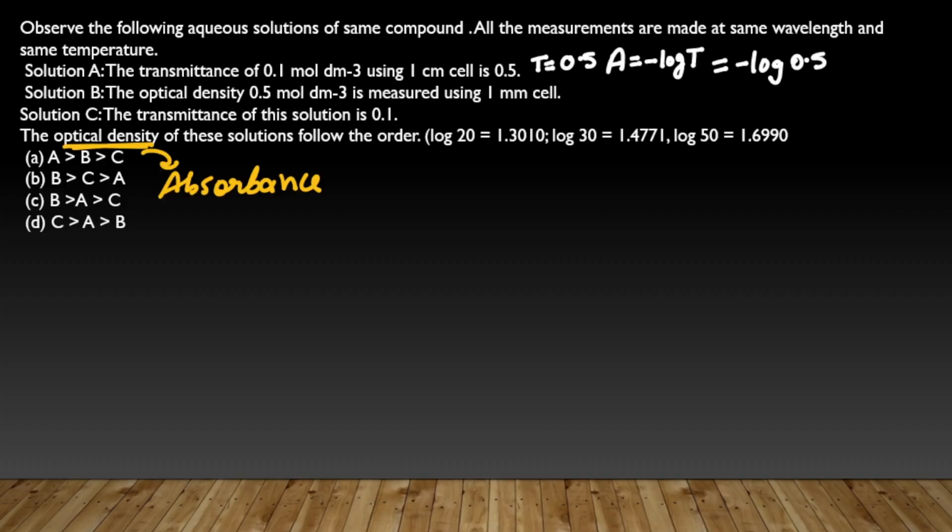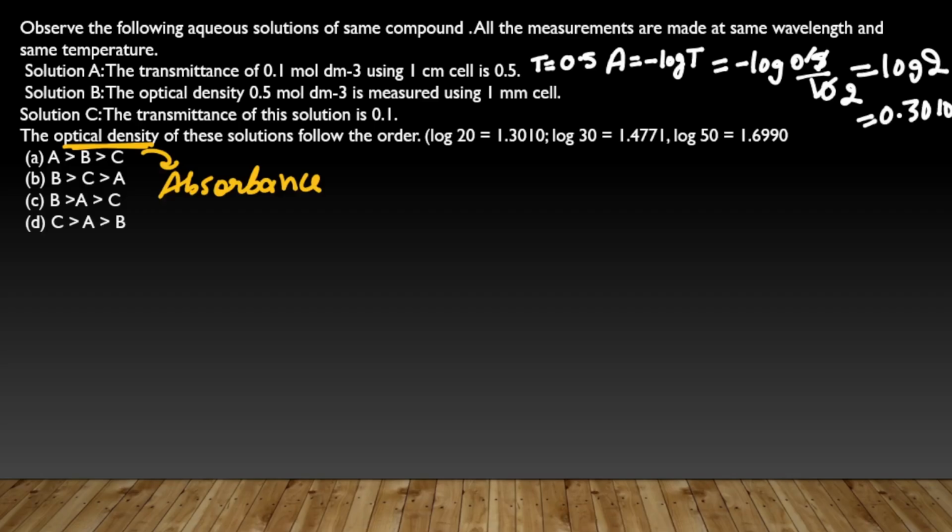So we can find the value of this one and we will get the absorbance value. This negative log of 0.5, you can write it like this, it will become 1 by 2, right? So that becomes the log 2 value, which we know is 0.3010.